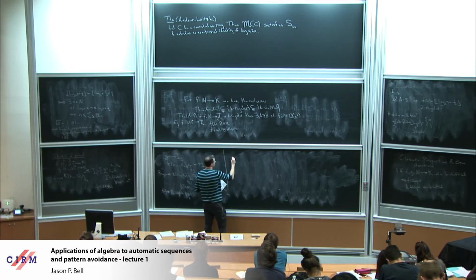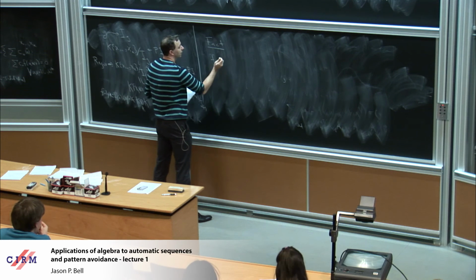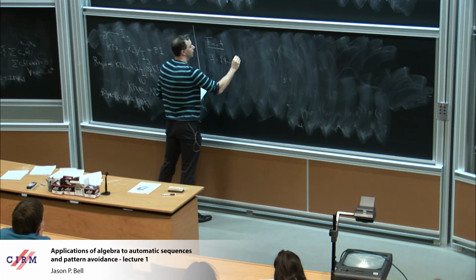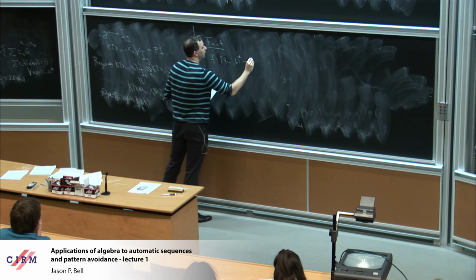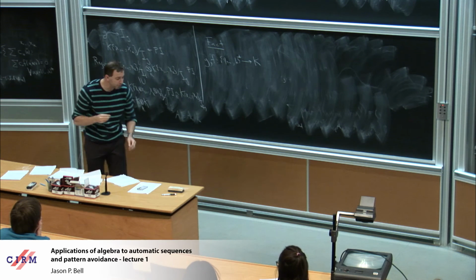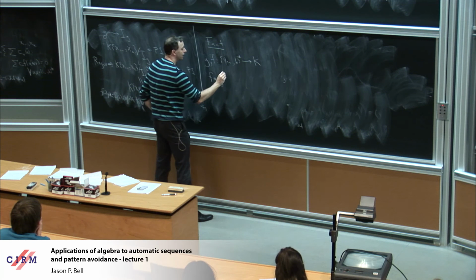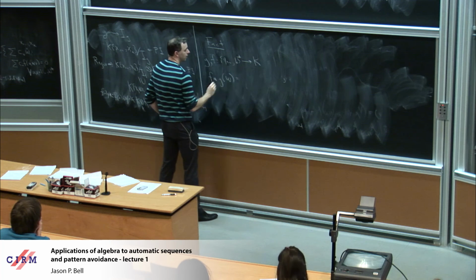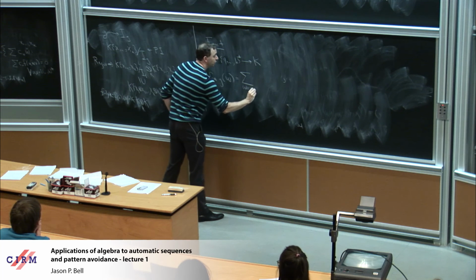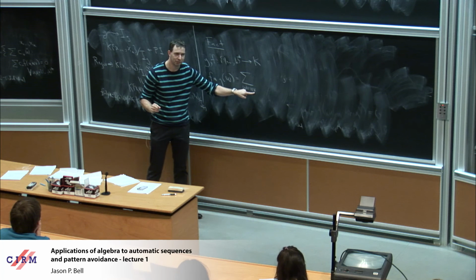Another fact that's easier to prove is that if I have two shuffled maps, I have another product on words, which just goes as follows. I look at all ways of decomposing my word w as a prefix and a suffix.